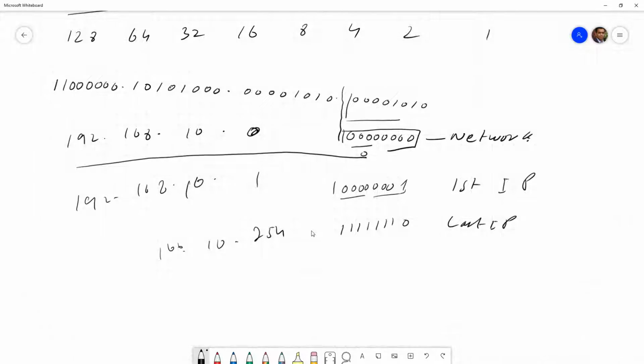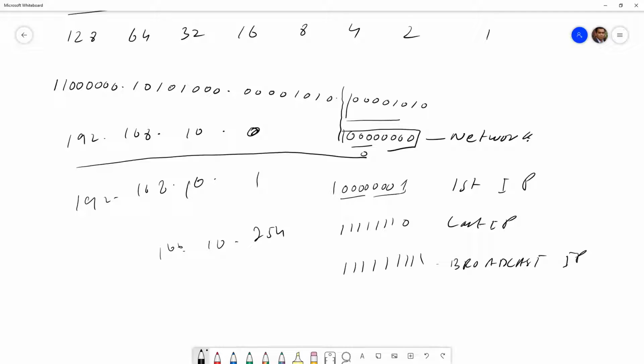And the broadcast IP: the definition of broadcast IP is host portion all 1. If I turn on all the host portion, they will be 1.